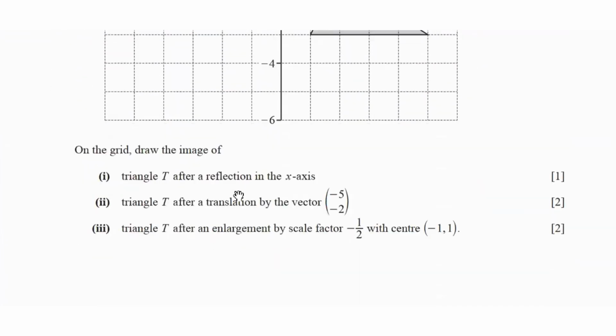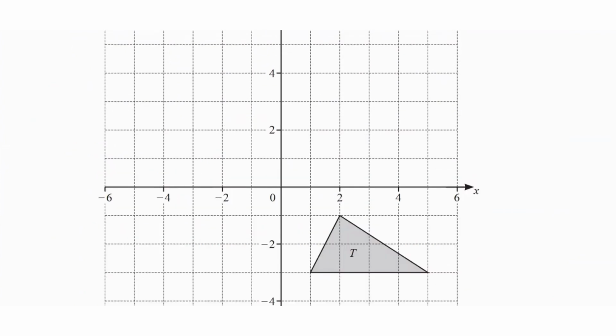In question 2, it says, on the grid, draw the image of triangle T after reflection in the x-axis. So after reflection in the x-axis, this point will be over here, equidistant from the x-axis. This point will be 3 units over here, and this will be over here.